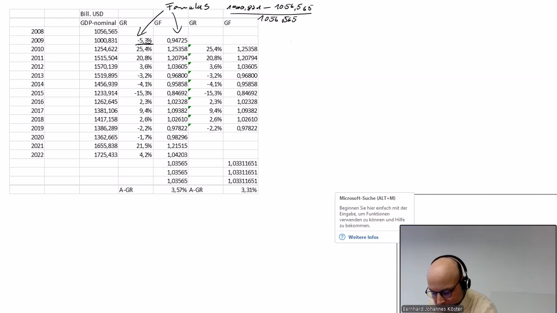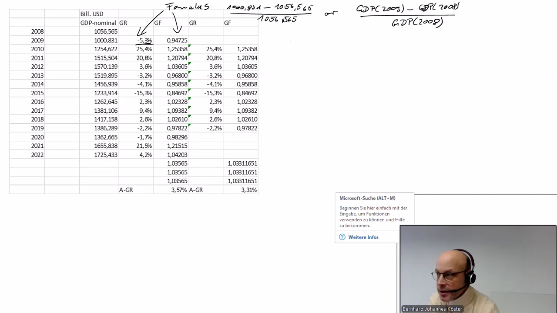Or in general, you can write down the GDP of 2009 minus GDP of 2008 over GDP of 2008.